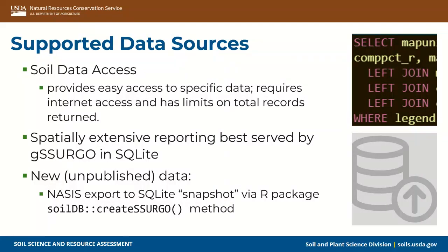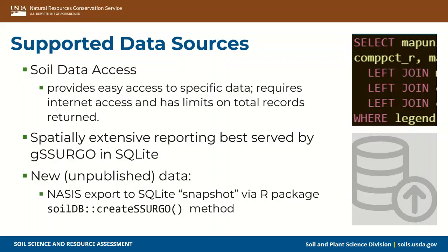So that might be 1 or 2 soil survey areas of interest, or maybe just a map unit, a single map unit, or a couple related map units. The downsides to this are that you do need an internet connection, so it won't work if you're not connected to the internet or Soil Data Access is down. And then furthermore, you need to work around the limits on total records returned.